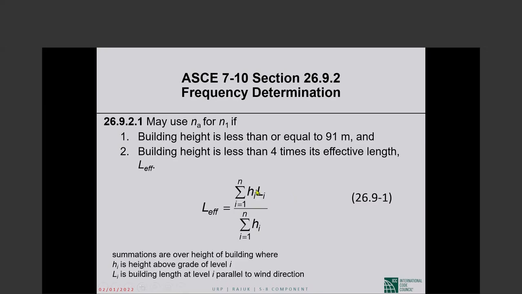You take the plan dimension parallel to wind at level i, multiply it by the height to level i, sum over all the stories in the building, and divide that by the sum of heights to the various levels. So you are basically calculating an average plan dimension parallel to wind over the height of the building. I don't know why that complication was necessary. We could just say building height to minimum plan dimension ratio, something like that.